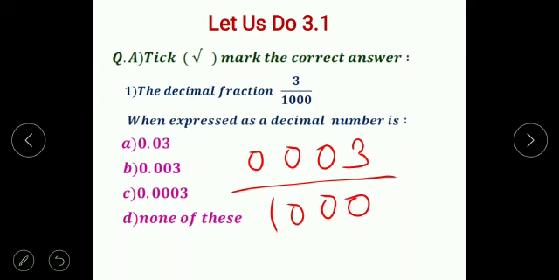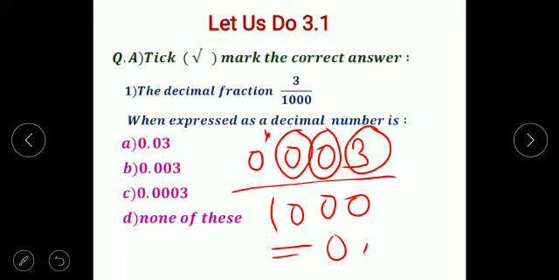So put the decimal point from right to left after 3 digits. So 1, 2, 3, correct? So what is the answer here? 0.003, option number B. This is the answer of question number 1.